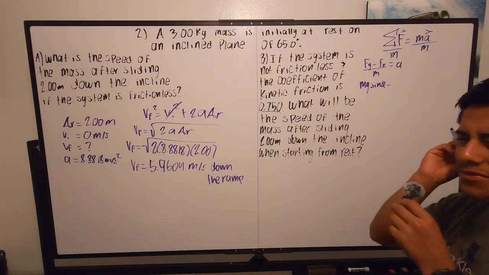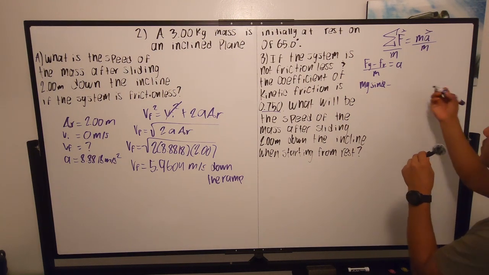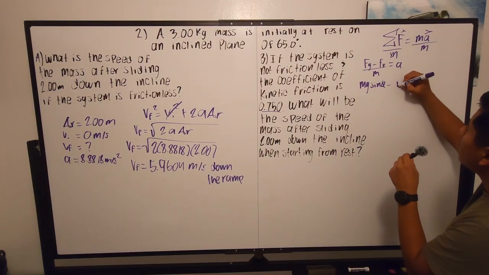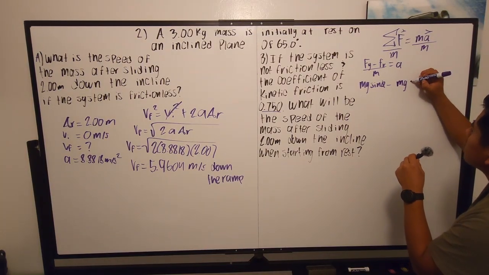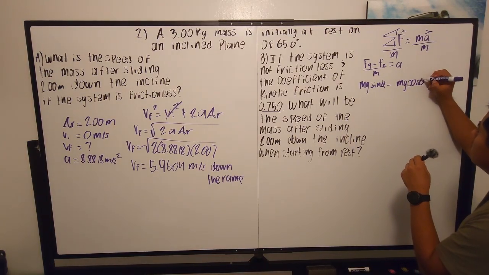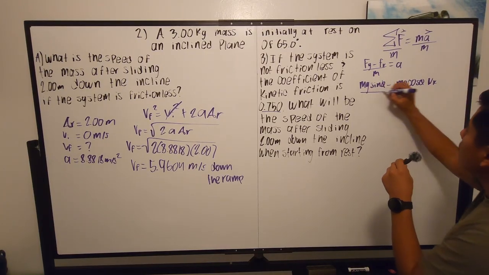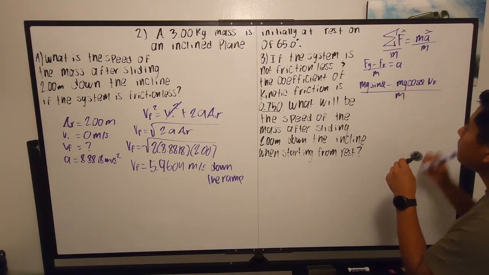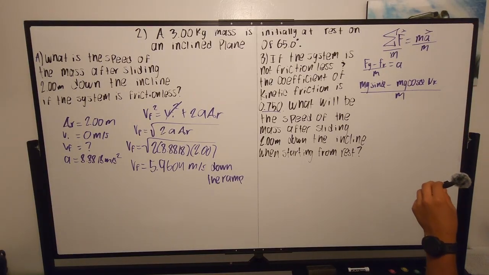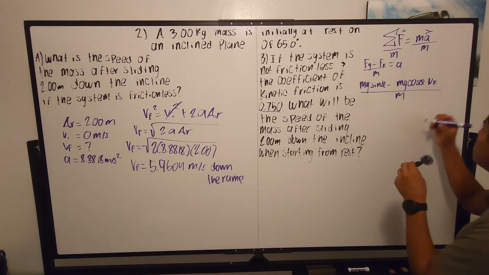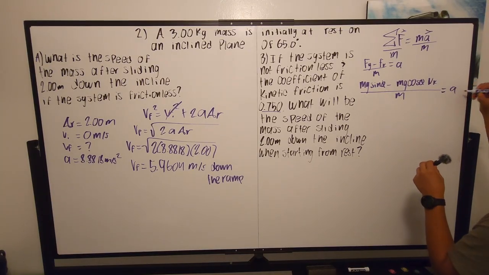I think that's how you say it. Anyways, it's going to look like this. So we have mg cosine of theta and then times mu k all over m. Notice here that we can pull out the mg's. This is going to be equal to acceleration.